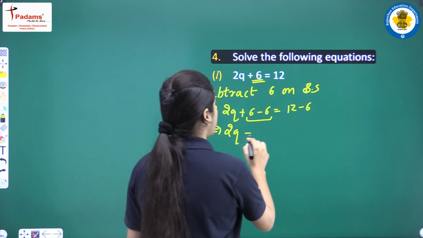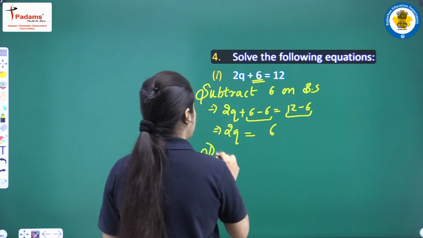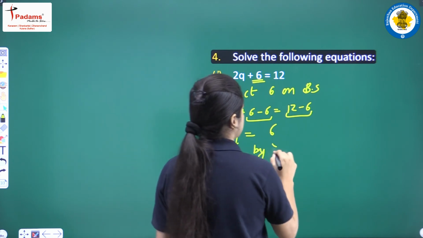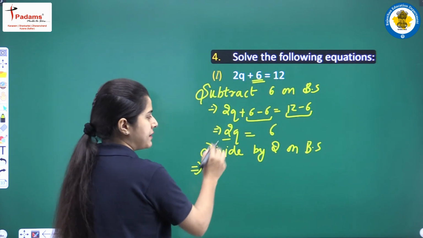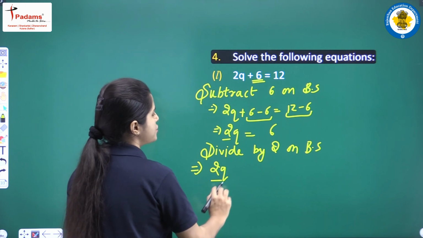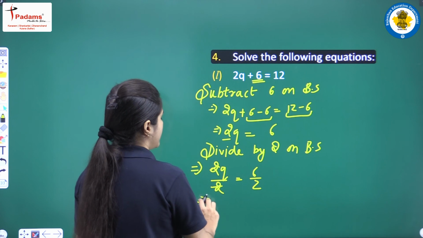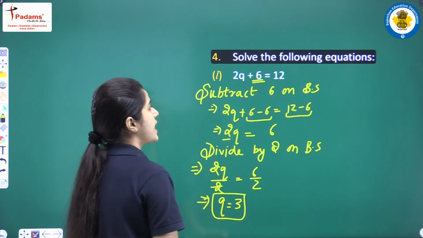So 2q = 12 - 6 = 6. Now we'll divide by 2 on both sides, because we want to eliminate this 2. So 2q upon 2 = 6 upon 2. 2 and 2 will be cancelled out. This q = 6 upon 2, that is 3. Okay students, how simple is that?